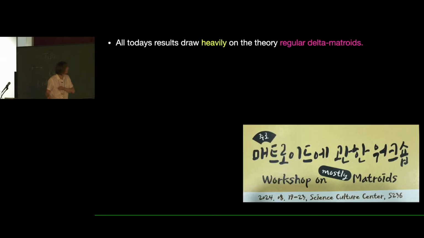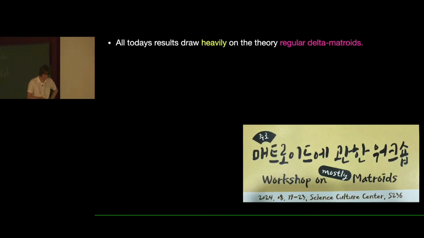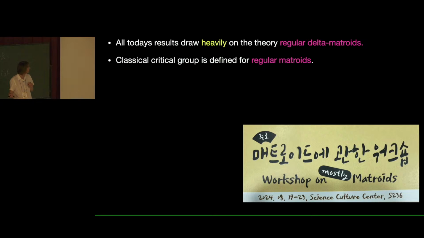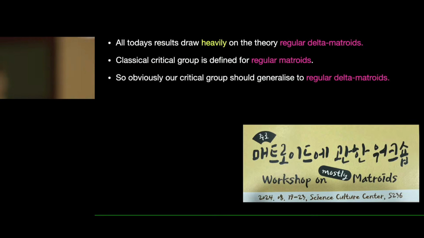And I think my final comment, bringing it back more to matroids, is that everything here draws heavily on the theory of delta matroids, and we were really motivated by it. A lot of the work was looking at papers of Boucher and Jim's thesis and grabbing the results we wanted there. And you might know that the classical critical group is defined for regular delta matroids.